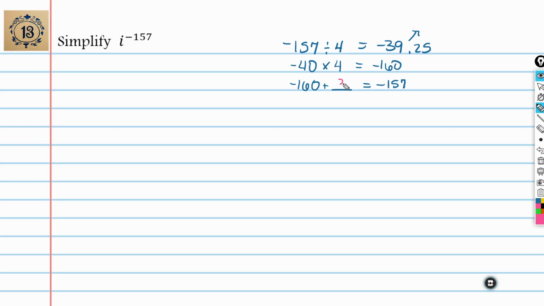That what is a 3. Again, remember this part doesn't need to be written down, because that's always going to become 1. So we have i cubed. i cubed was negative i off of our beginning chart.